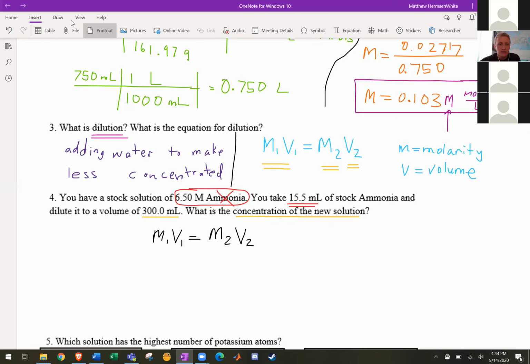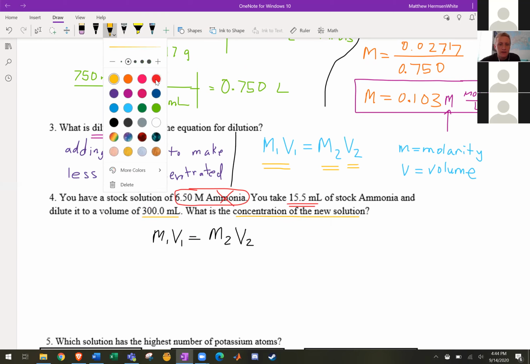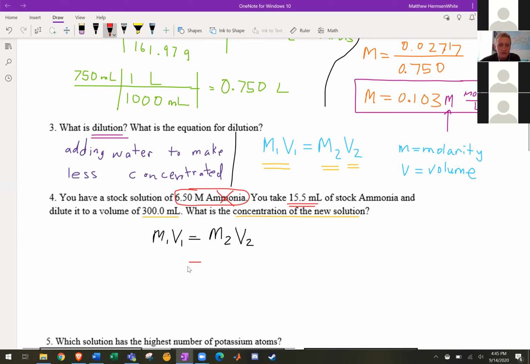So let's write down what we know here. So we have 6.5 molar for the initial molarity, and the initial volume is 15.5 milliliters. Now the final concentration is what we're looking for.